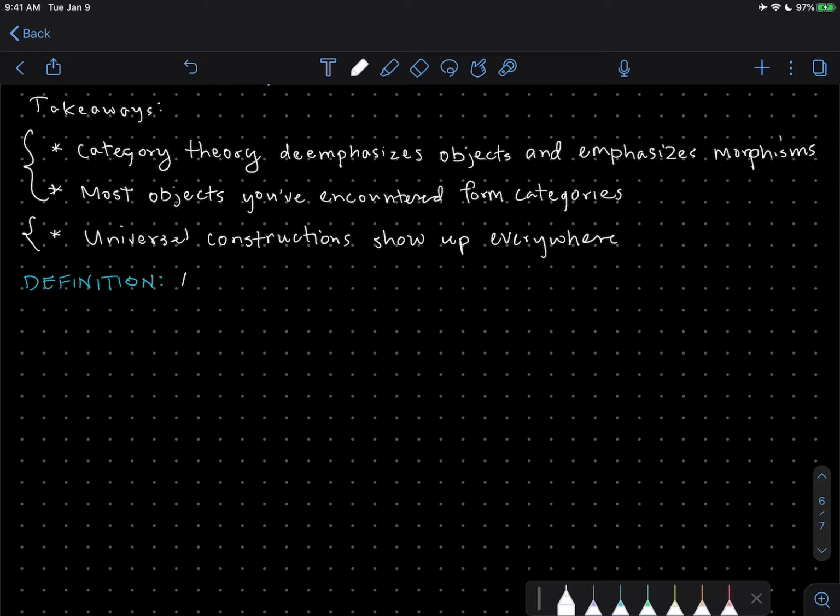Okay, so a category script C consists of the following data.